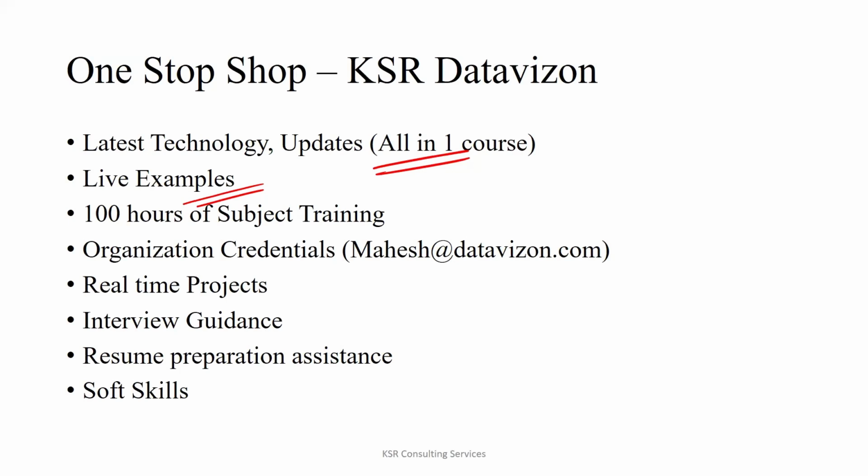For example, if you join TCS, you will get santosh@tcs.com. If you join HCL, you'll get santosh@hcl.com. Once you get into a corporate, you're not supposed to use your Gmail for your communication. Remember that. The organization will give you a separate email ID. You have to use that organization email ID for talking to your clients, talking to your managers.